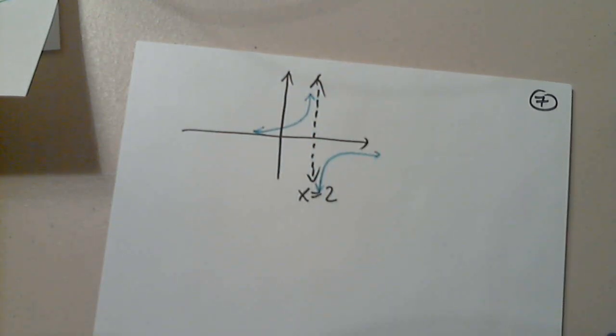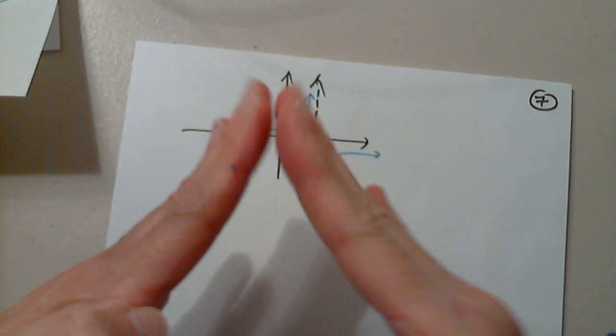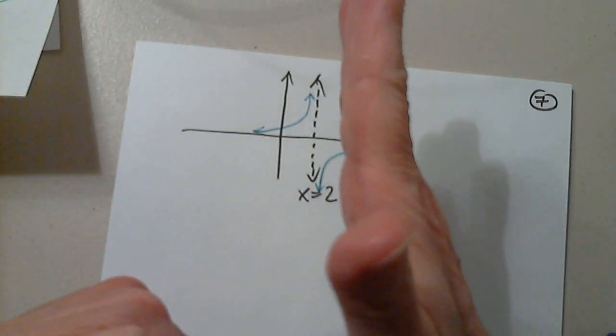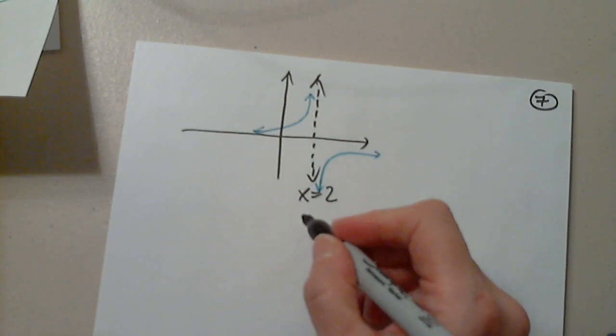In other words, the vertical asymptote can have the function on both sides going to infinity, on both sides going to negative infinity, or opposite. So this is a vertical asymptote, VA.